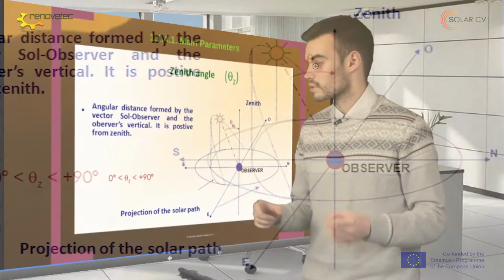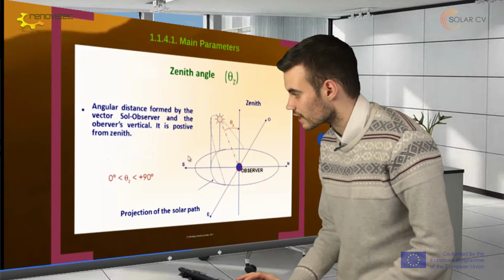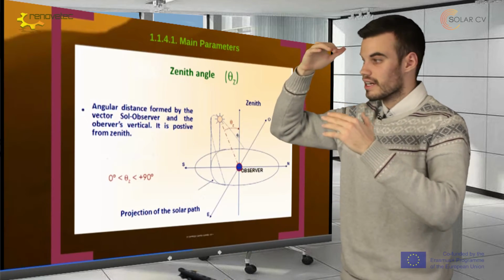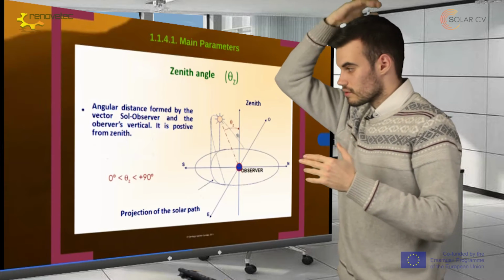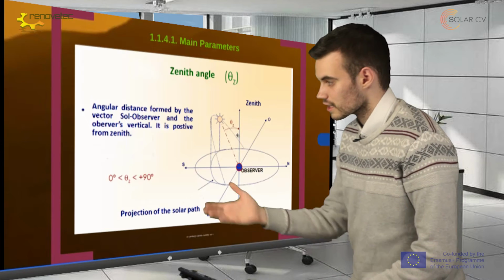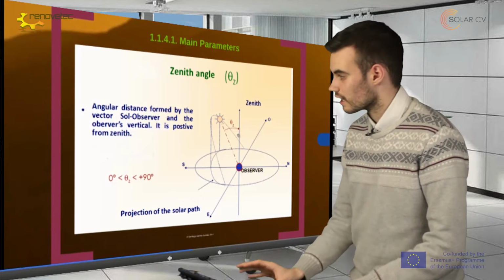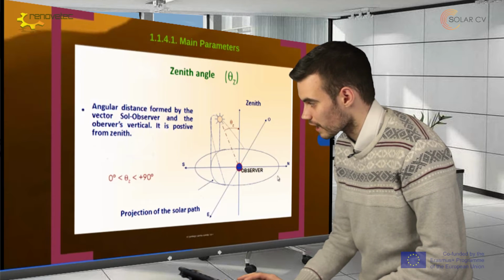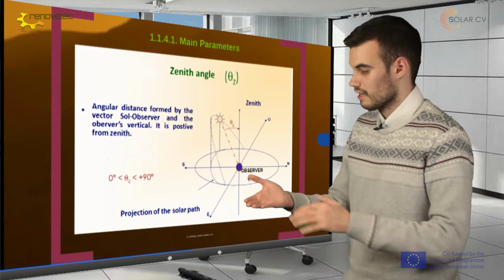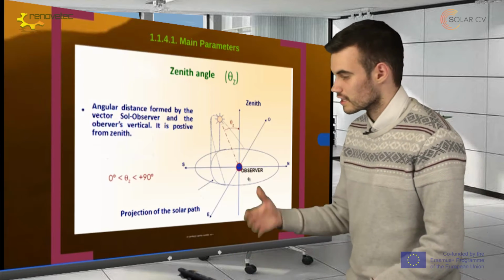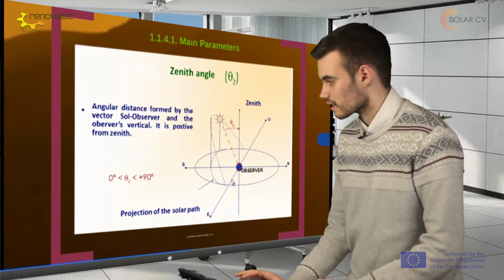It's very important to take into account that if we have the sun directly above us, this zenith angle is going to be 0, and if the sun is just in this main horizontal plane, i.e. is going to disappear, this zenith angle is 90 degrees.